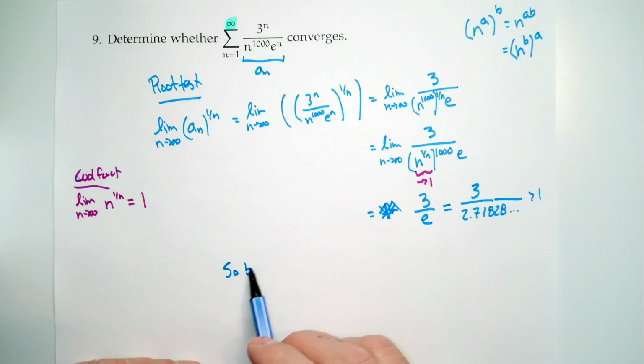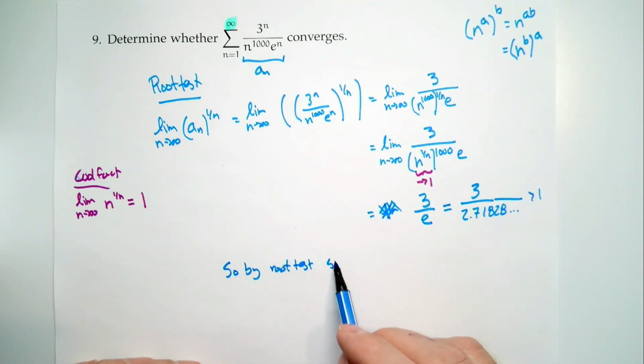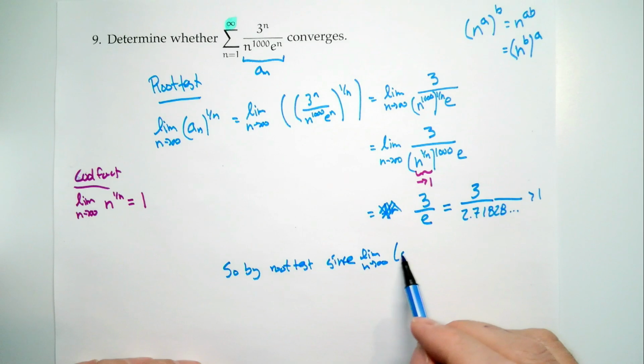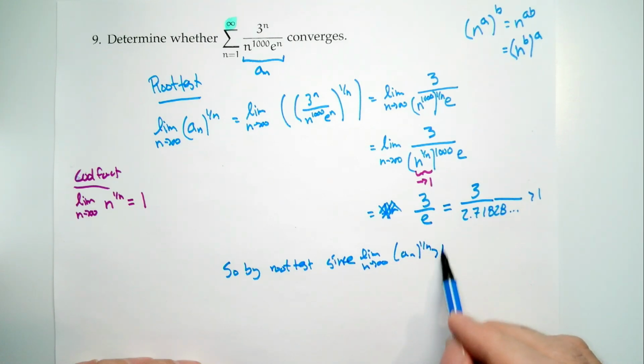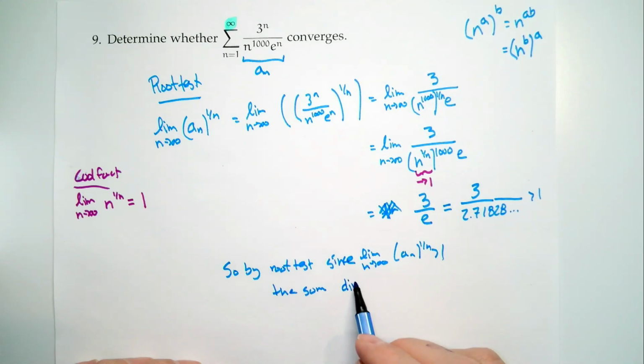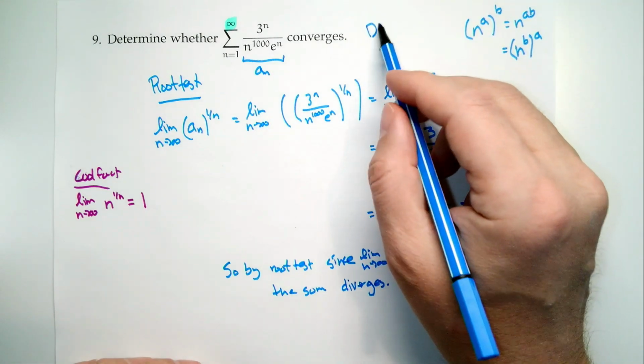We can say, by the root test, since our limit as n goes to infinity of a_n to the 1 over n is above 1, the sum, do you remember what it is? It diverges.